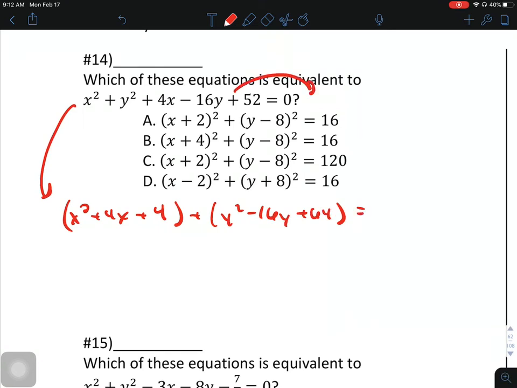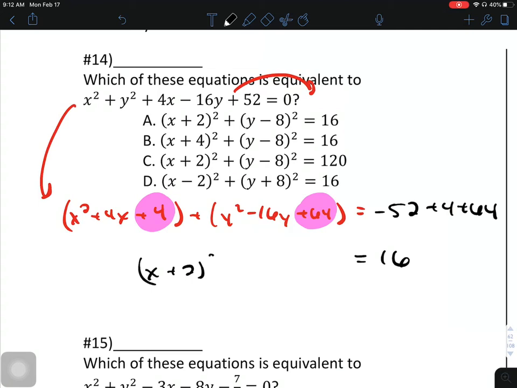If I move the 52 to this side, it would be a negative 52. And then we have to add a 4 and a 64. Add to one side, you got to add to the other. This right side becomes 16. The left side is the sum of x and 2 squared, plus the difference of y and 8 squared. That's looking like that's going to be A.